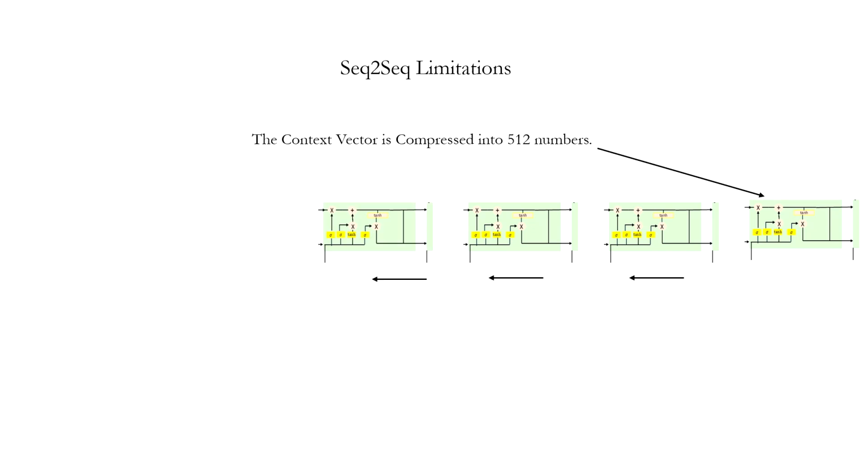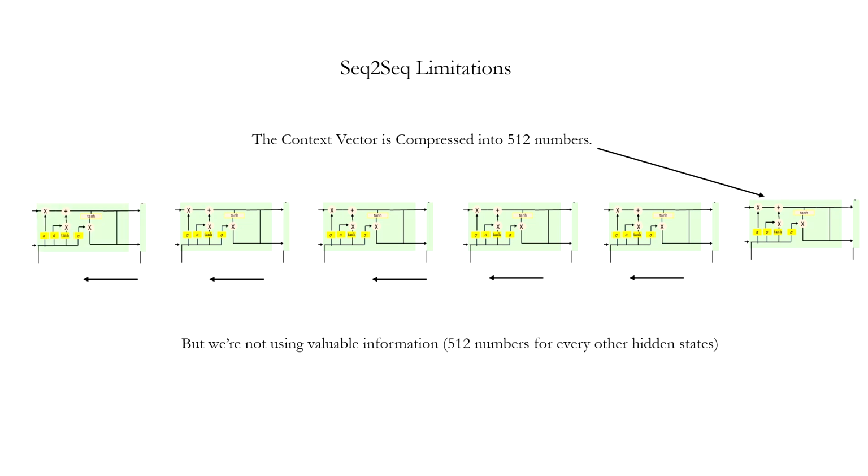But there's multiple vectors that consist of 512 numbers, right? We're not using valuable information, right? The 512 numbers for every hidden state. Okay, so we're kind of throwing all that away and we're just using that one context vector.